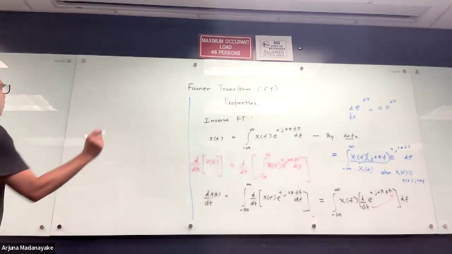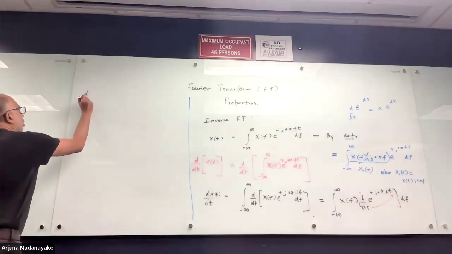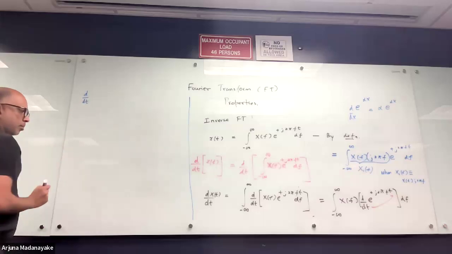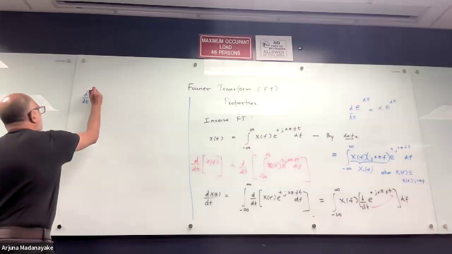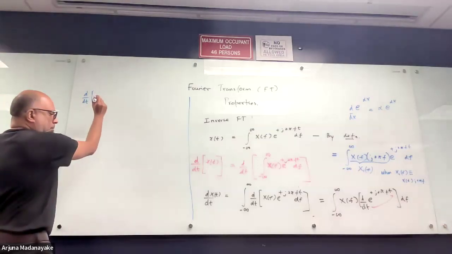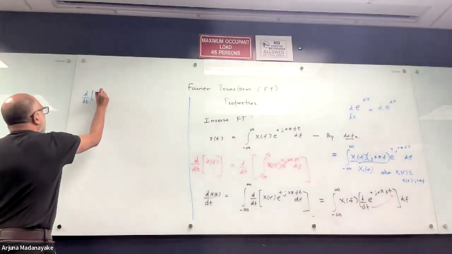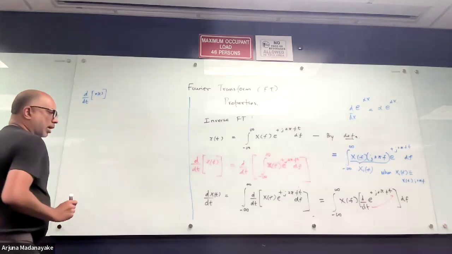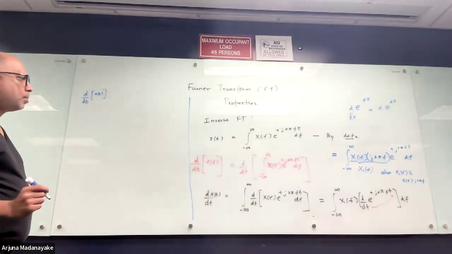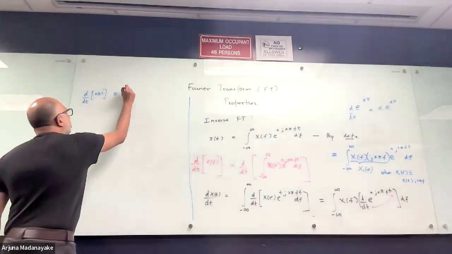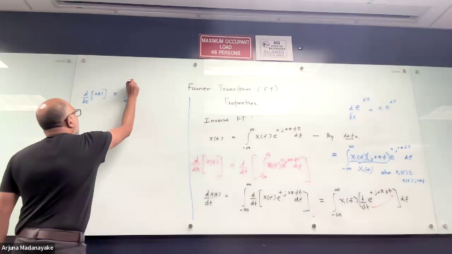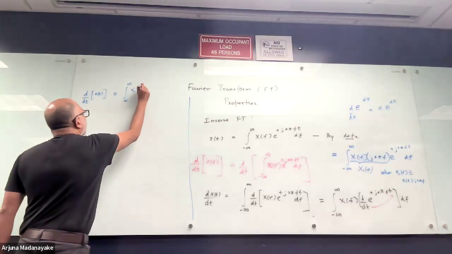So what do we got? We have d over dt of x of t, right? Is equal to the integral of x1 of f.